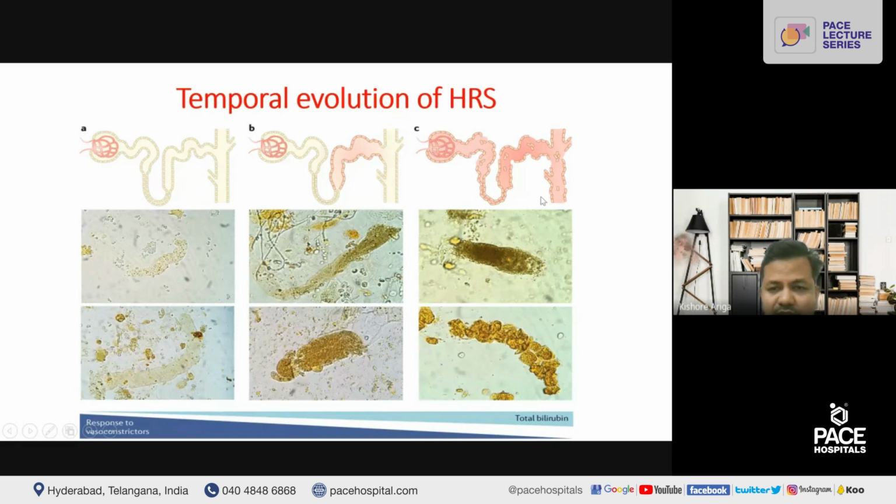As we can see in the histology, the kidney gets more damage. The tubular injury sets in, and we can see the muddy brown granular casts in the urine. These are the bilirubin casts, and these appear whenever the bilirubin level is very high. So in this stage, the bilirubin level will be high, the kidney damage will be seen histologically, and the response to vasoconstrictors is less.